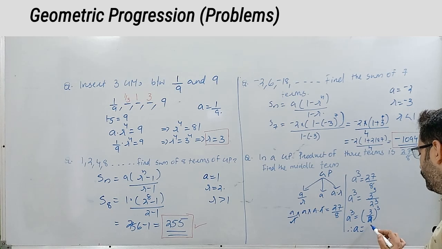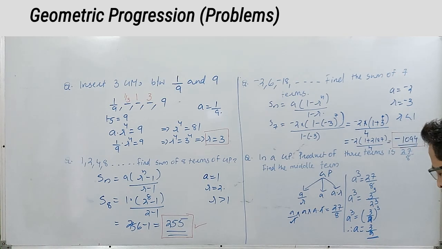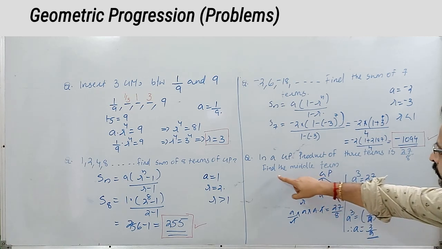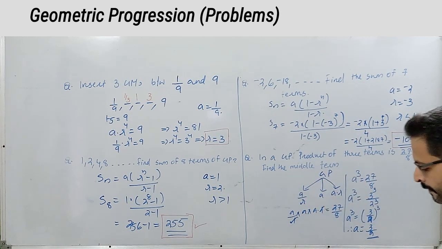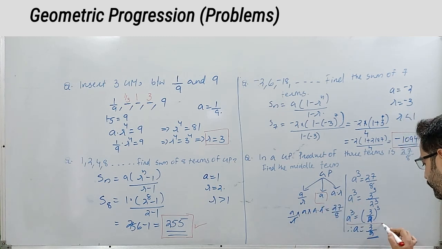Therefore, A is equal to 3 by 2. In the question, we have to find the middle term, that means A. A is the middle term of the GP. Therefore, the answer will be 3 by 2.